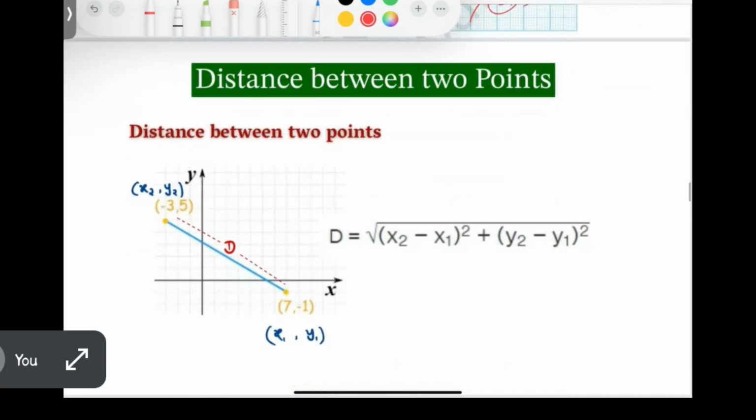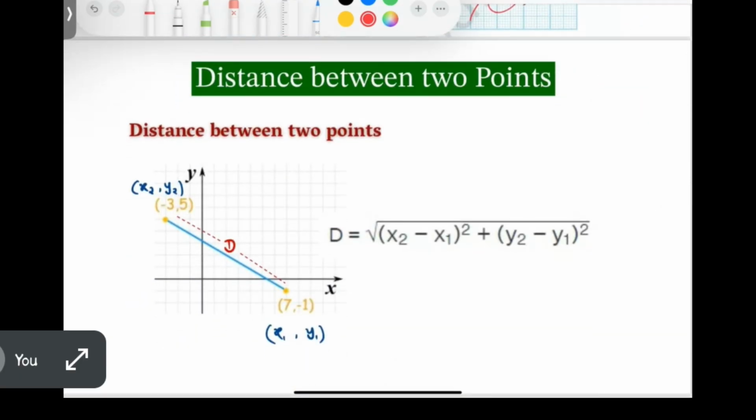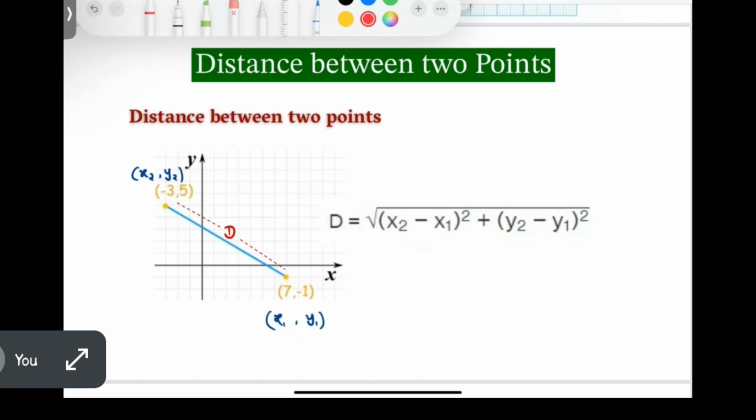Now let's go to distance between 2 points. I don't know why they have included all these topics, but no worries. So, distance between 2 points. Now if we have a Cartesian plane, let's say I have a point here which is minus 3 comma 5, and I have another point here, 7 comma minus 1. In simple terms, I can represent the first as x1 and y1, and the other as x2 and y2.